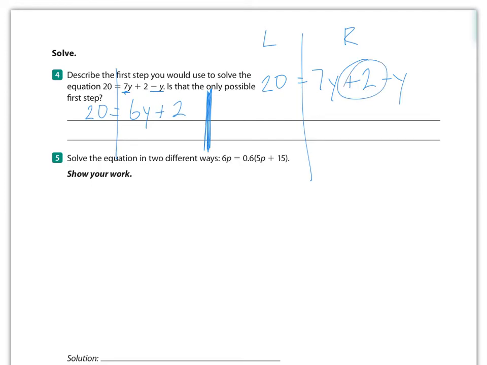So I could move 2 over here to the left side. That's a very acceptable first move. I could subtract 2 from both sides. 18 is now equal to 7y minus y. That works out just fine too. So either of those steps are just fine.